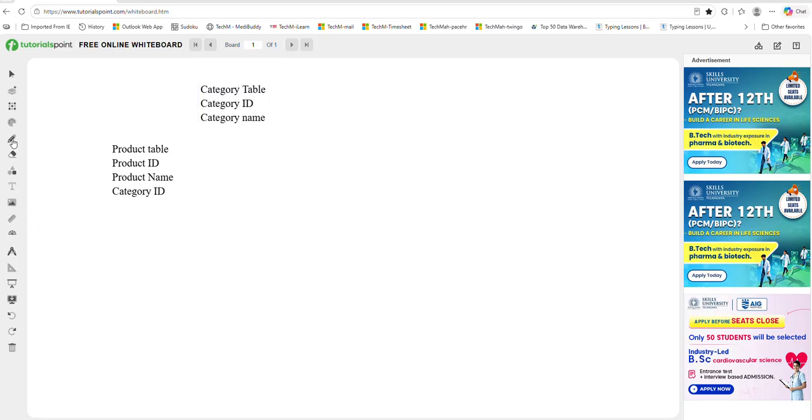For snowflake schema, how it looks like: in the middle sales table is there, and here customer table is there.